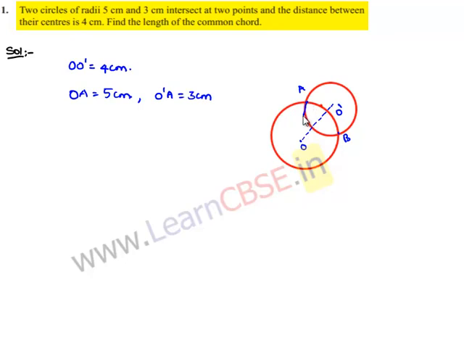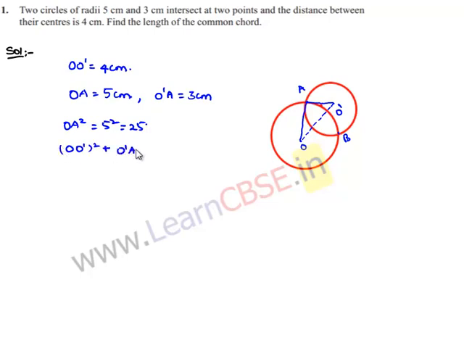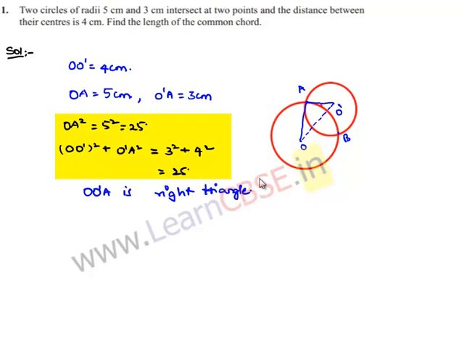Let us join OA and O dash A. Now OA square is equal to 5 square, which is nothing but 25, and also OO dash square plus O dash A square is nothing but 3 square plus 4 square, that is 25. Therefore here OO dash A is a right triangle.